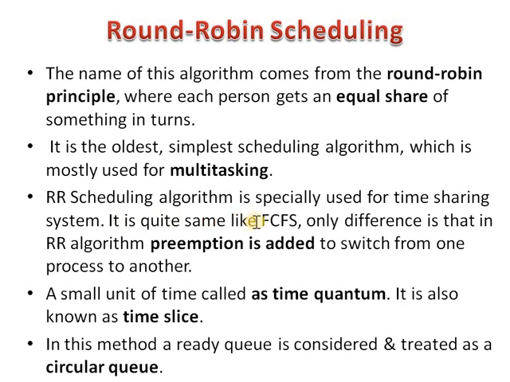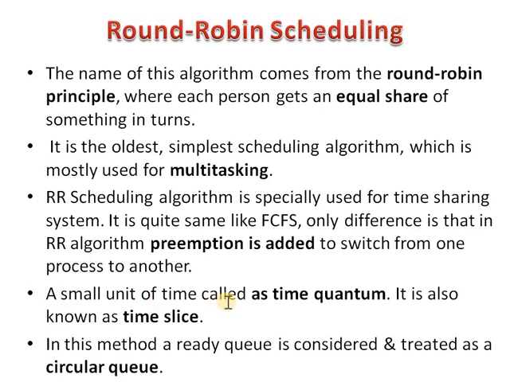It is quick like FCFS, but the only difference is that in the RR algorithm, preemption is added to switch from one process to another process. The working of round robin scheduling algorithm is the same as first come first serve algorithm, but here preemption is added for switching from one process to another among the CPU.